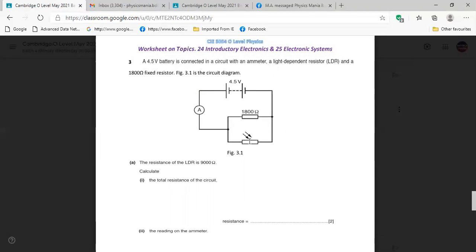Voltage is same like before in the LDR, but the resistance is changed. That's why current in the LDR will be changed. Okay, is it clear, Karim?